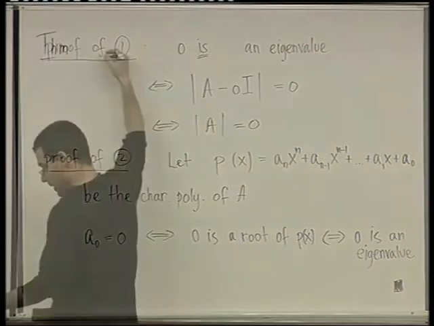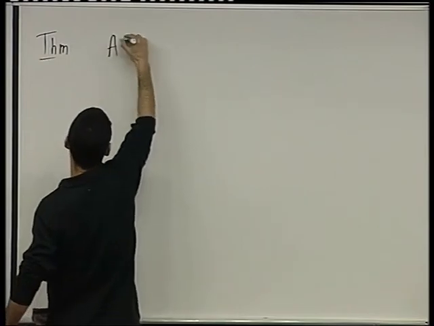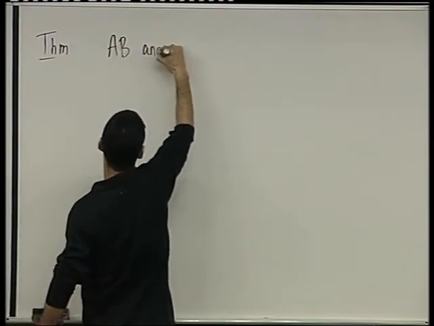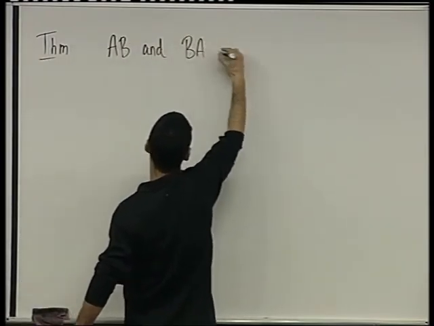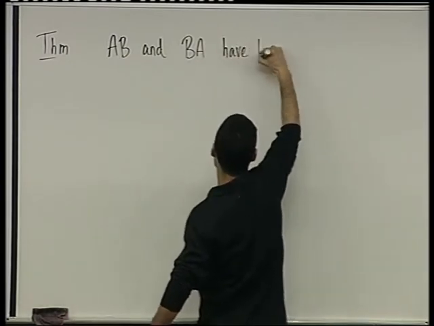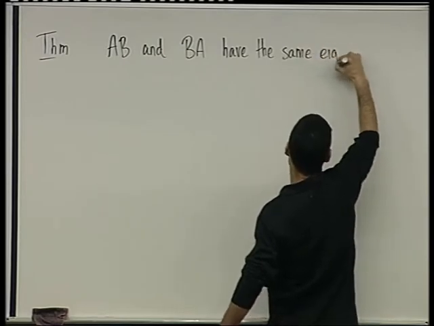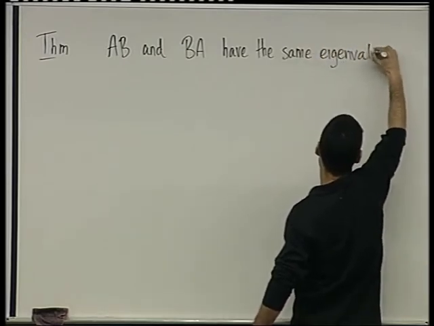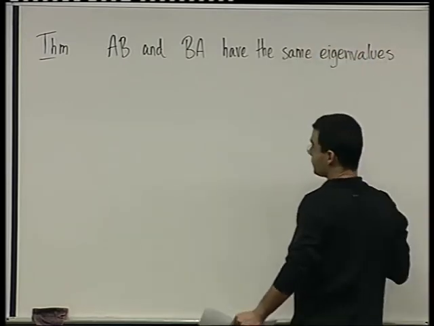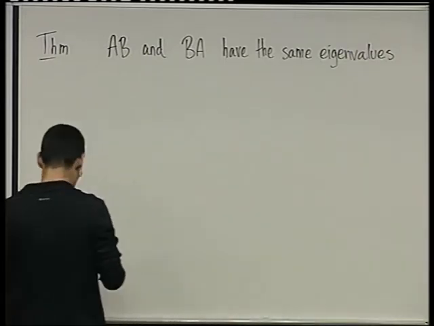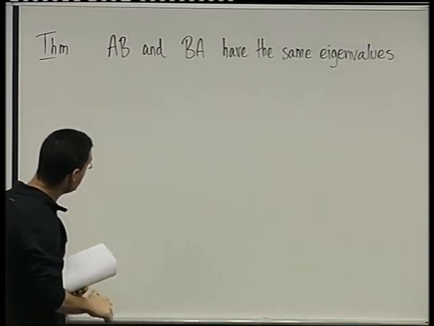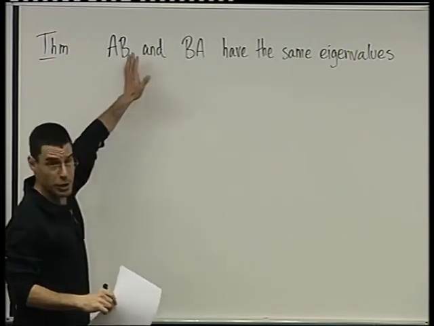So theorem, AB and BA have the same eigenvalues. And for AB and BA, we also know other shared properties, right?